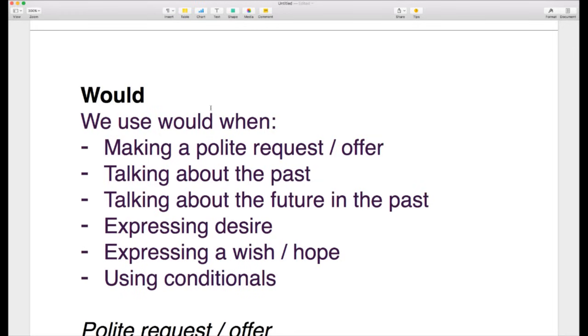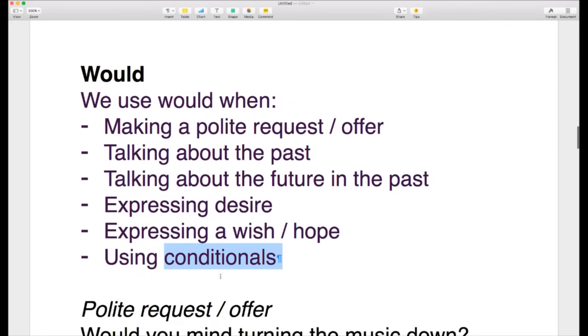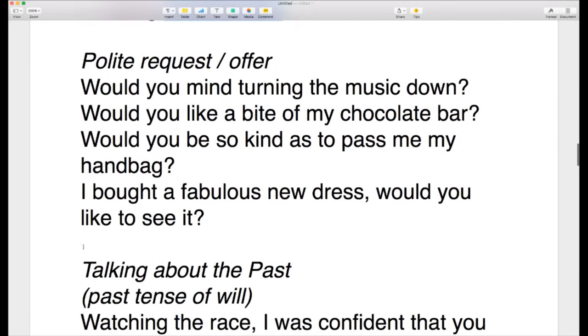What does that mean? I will tell you, don't you worry. We also use would when expressing a desire, or when expressing a wish, a hope, or when using conditionals. What again? This is confusing, but don't you worry. We're going to go through it one at a time. So, I told you this was going to be a long lesson.